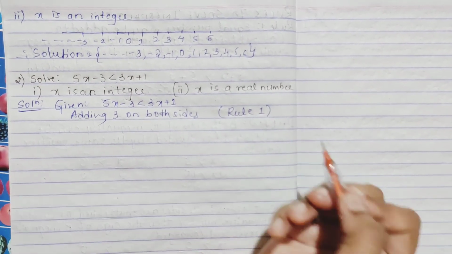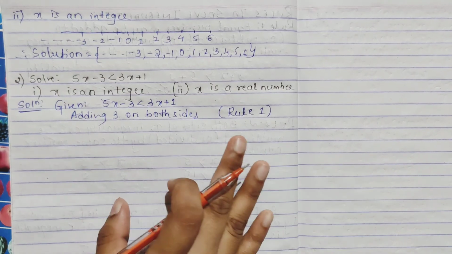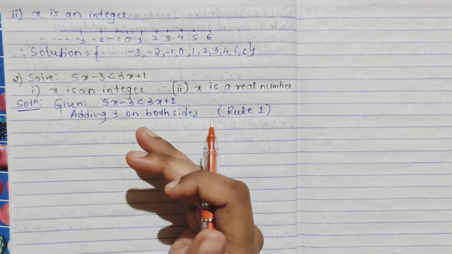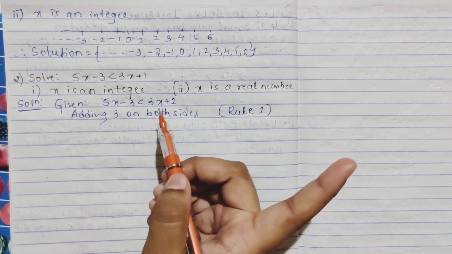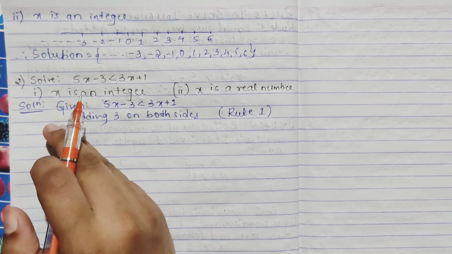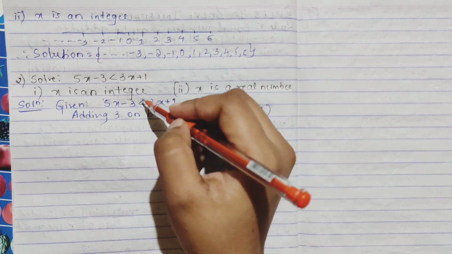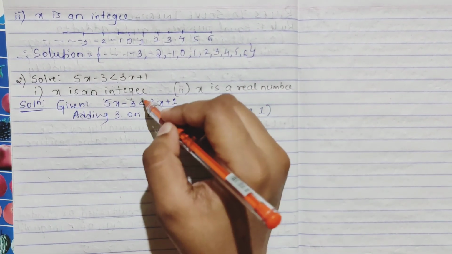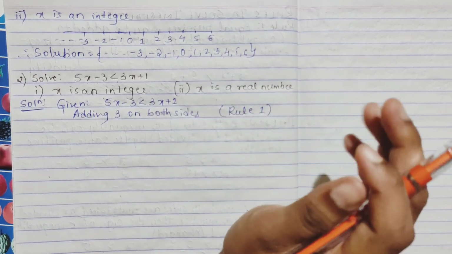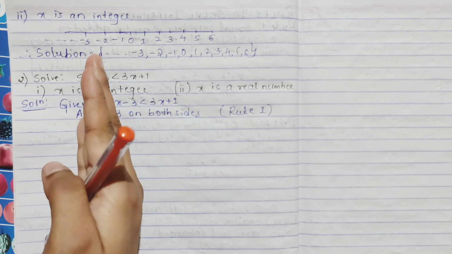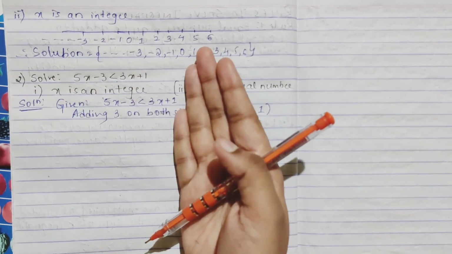So when you are adding or subtracting anything, whether it is minus or plus, your sign doesn't affect it, right? For subtraction and addition, you can go easily with anything without change of sign, as long as it is equal numbers. Whatever you are adding or subtracting on the left side, the same should be on the right hand side.